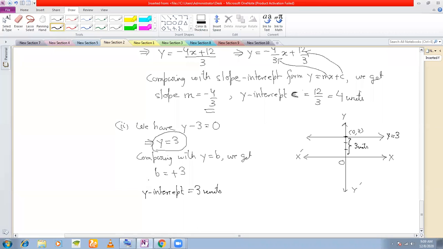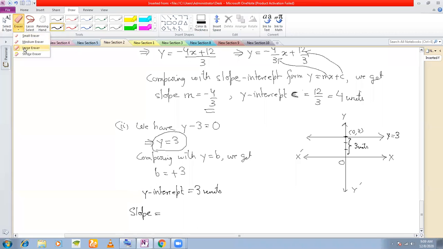It is 0 degree. Two lines that are parallel to each other make an angle of 0 degree with each other. So therefore, what is the slope? Infinite. Why infinite? Because slope is zero.